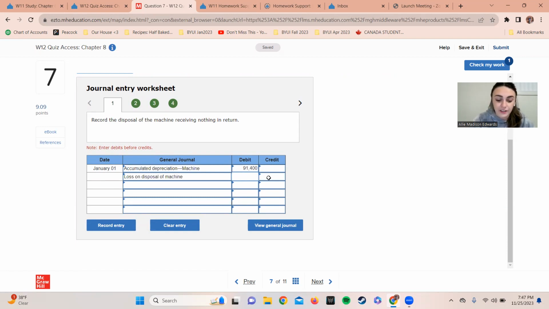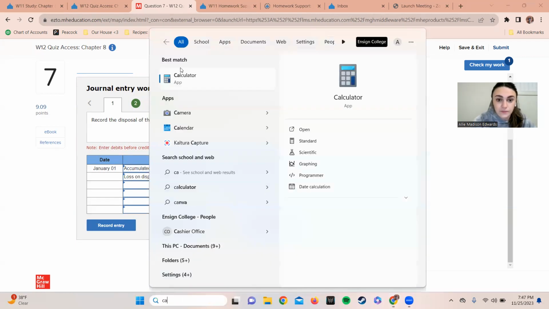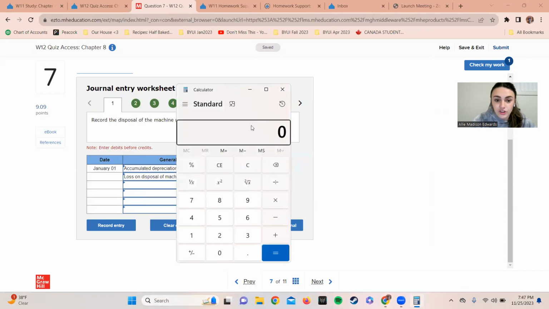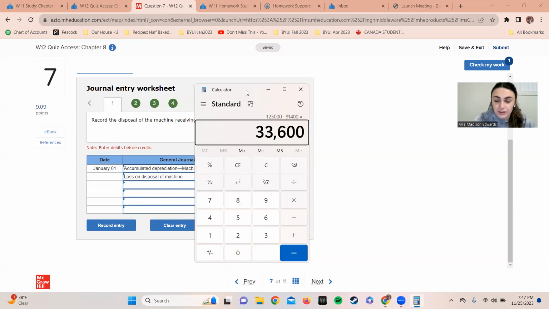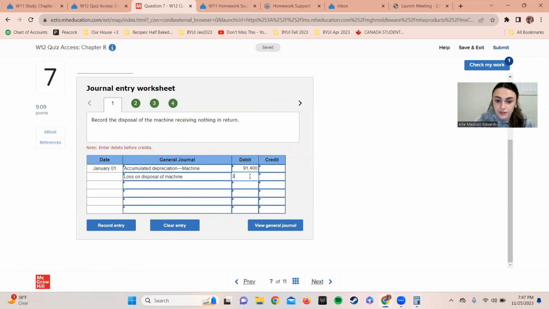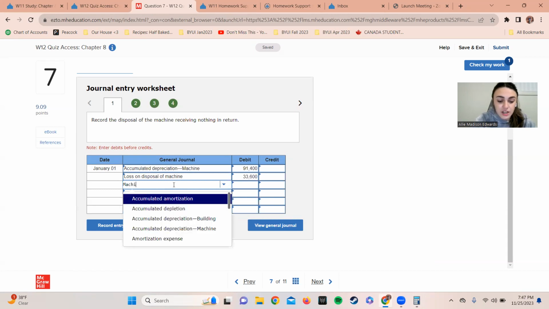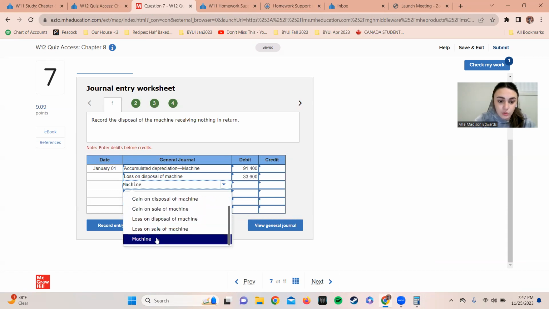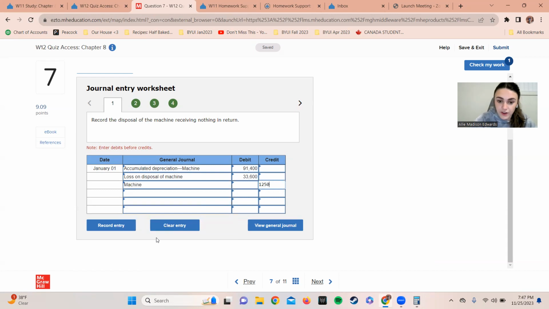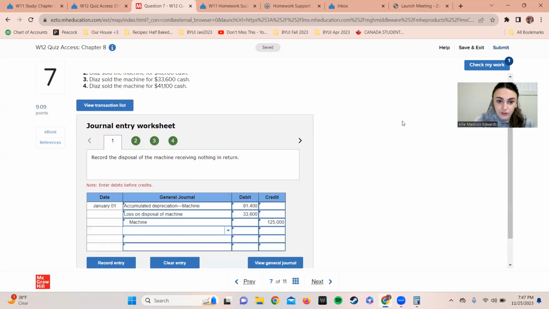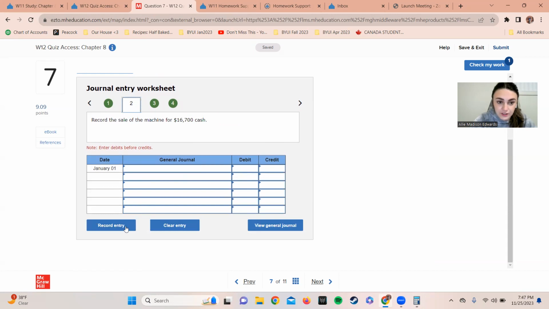The way that we find this is we take our $125,000, the cost of the machinery, and subtract 91,400, our accumulated depreciation. That gives us $33,600, which is our loss on that machine. Our machine is recorded at 125,000 because the question told us that. So there's our first one done.